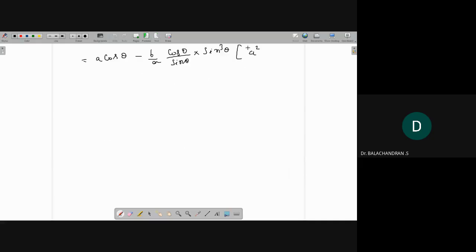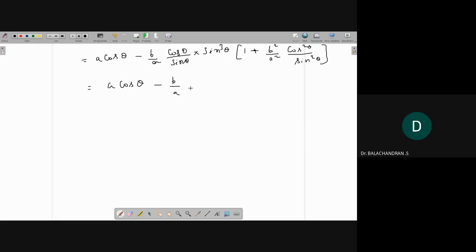So one plus b square by a square into cos square theta divided by sin square theta, and this is equal to a cos theta minus b by a.